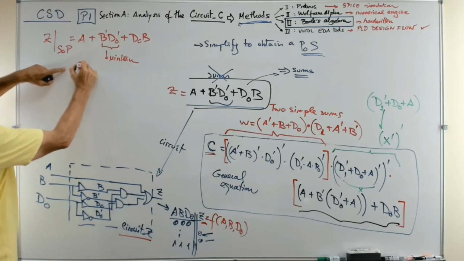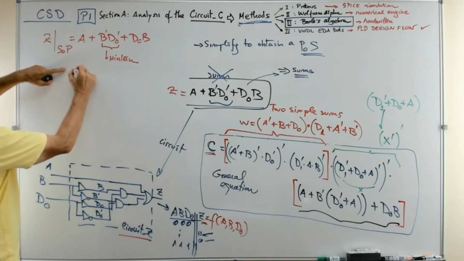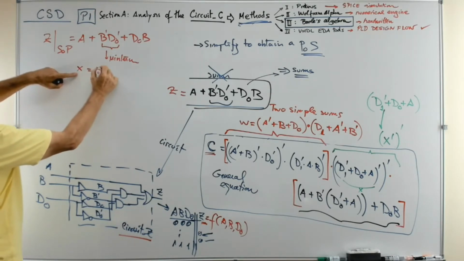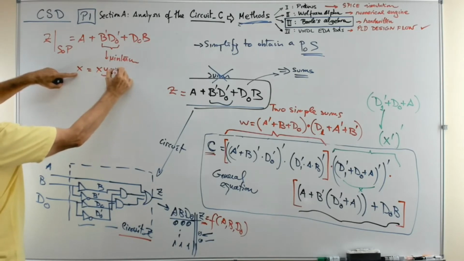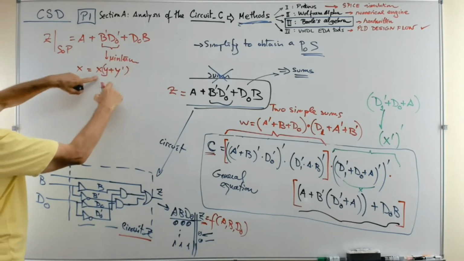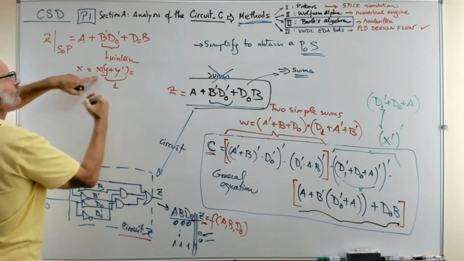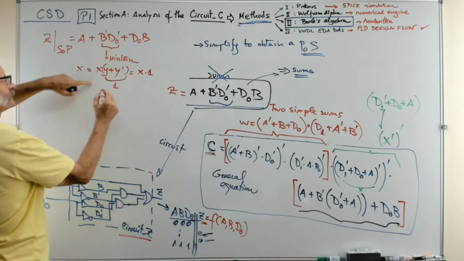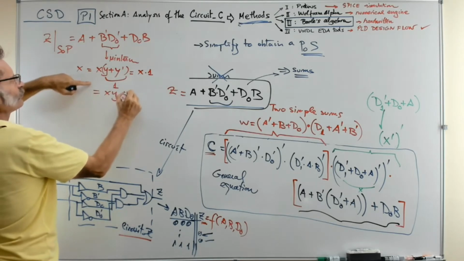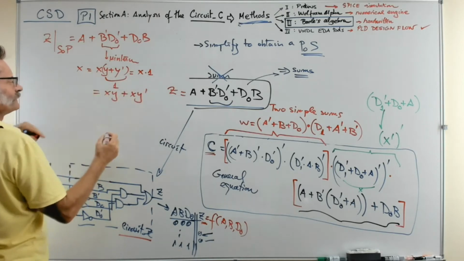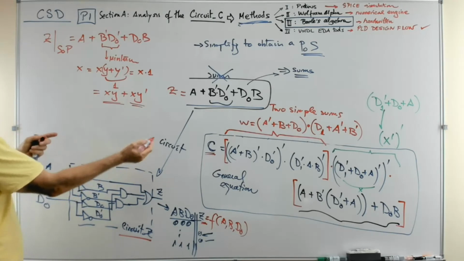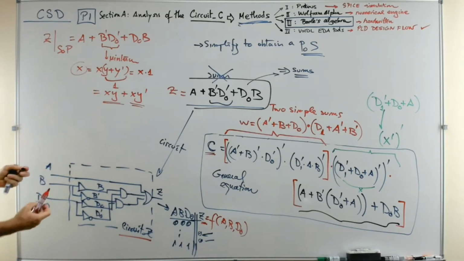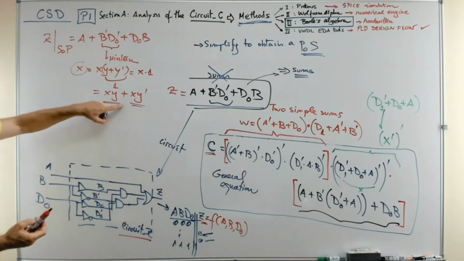You know how to do that because x is the same as x times (y or y not). If you do that, nothing happens because this is 1. So this is x times 1, but at the same time, this is xy or xy not, and this is a new variable, y, which did not exist previously.